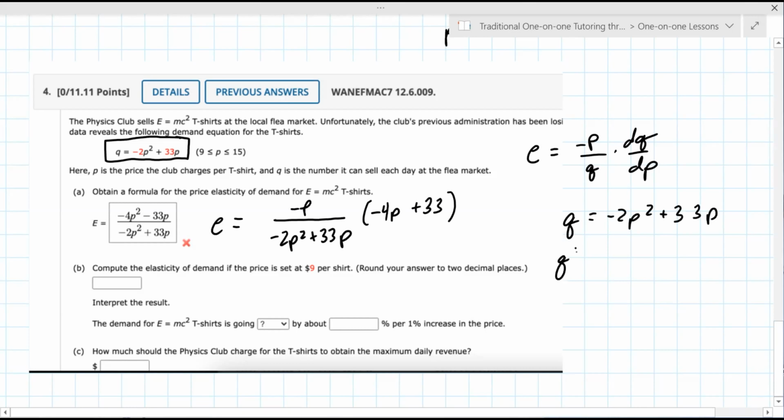You bring this 2 down and multiply negative 2 by 2. Then you subtract 1 from the exponent. So it's negative 4P plus 33. Perfect. Okay. Great.